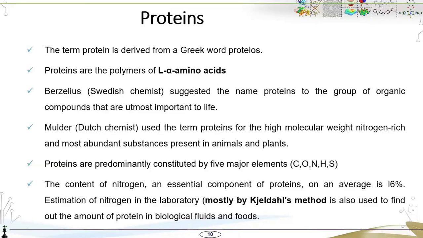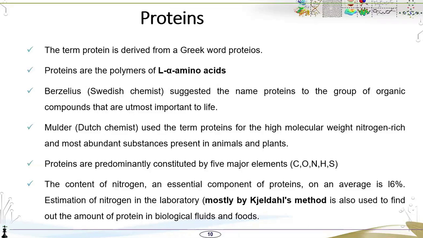So which type of amino acid? Majorly L-alpha amino acids. I think you know what alpha, beta, gamma, delta are. L means the configuration. Again, I'm repeating just for revising the last session: proteins are the polymers of L-alpha amino acids.